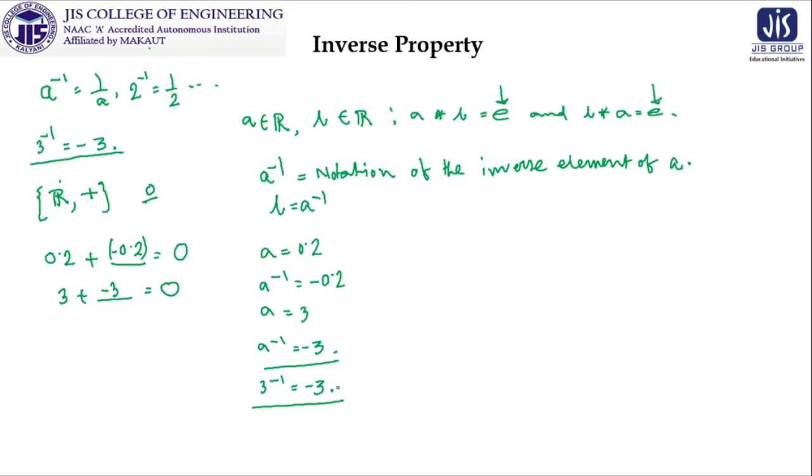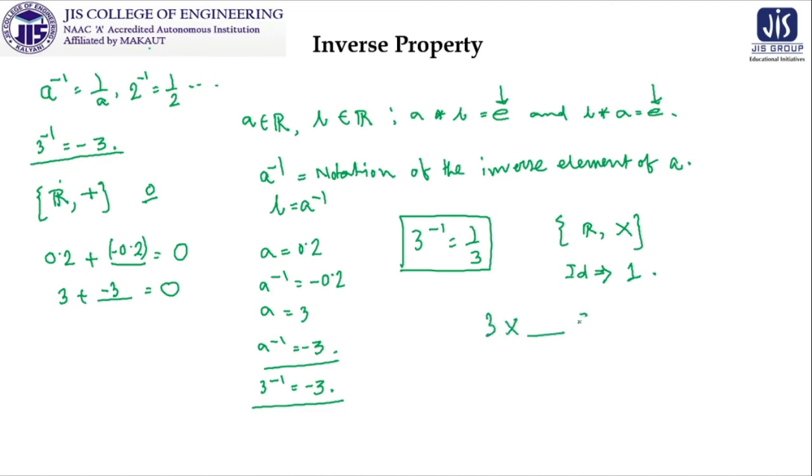So I am right. Are you wrong? Whenever your claim is 3 inverse is equal to 1 by 3, are you wrong? You are also not wrong, but you are suppressing some information, that your structure is R with multiplication. So what is the identity element over here? Identity element is 1. So you need 3 into something is equal to 1, where my requirement was 3 plus something is equal to 0.